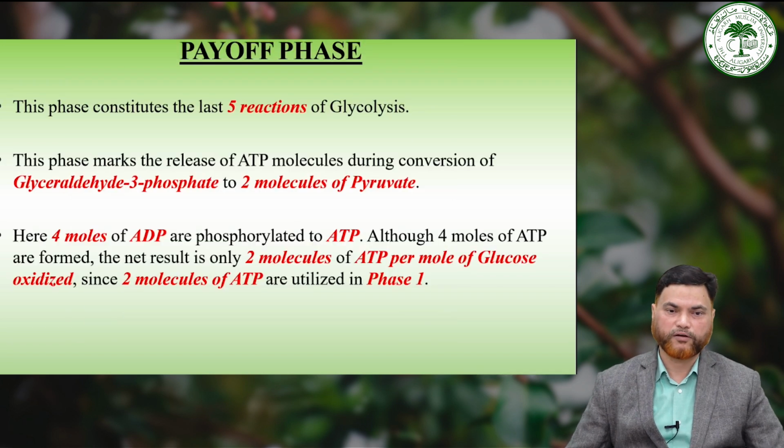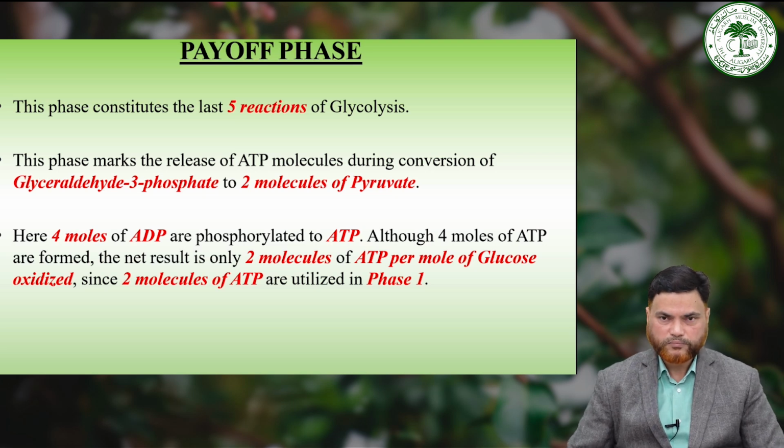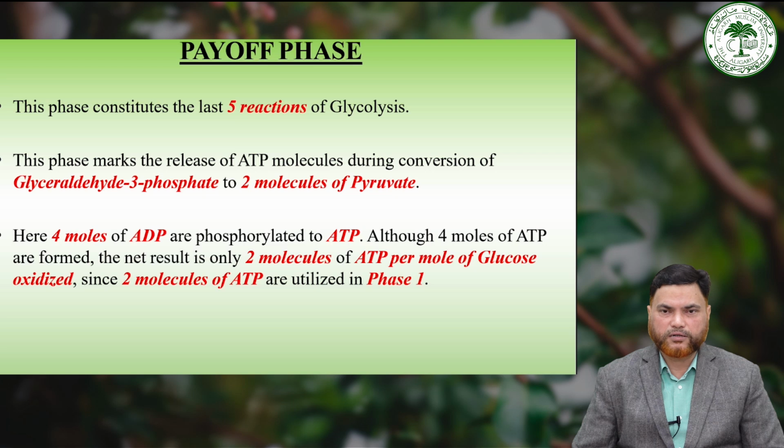Now, the payoff phase. Basically, this stage represents the final 5 reactions in glycolysis, where ATP molecules are generated as glyceraldehyde 3-phosphate is converted into 2 molecules of pyruvate.